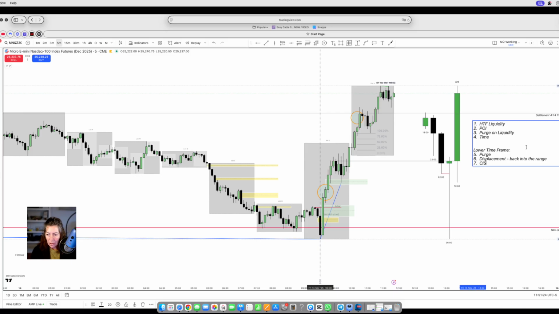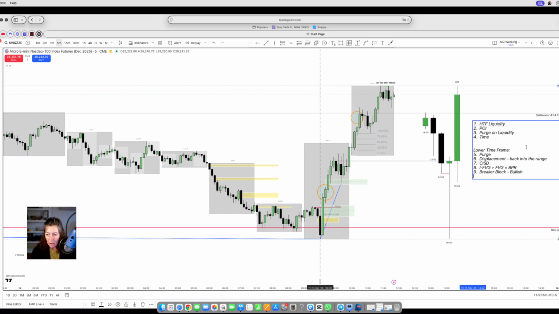Next, we want to see a change in the state of delivery. I want to see an inverted fair value gap with a fair value gap, which equals a balanced price range. If we have those confluences or components, we generally also have a breaker block. And in this case, I would be looking for a bullish breaker block.